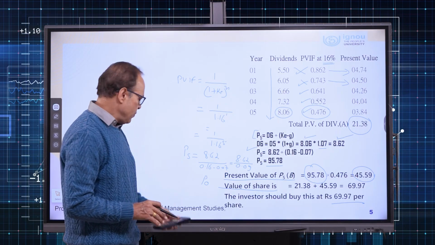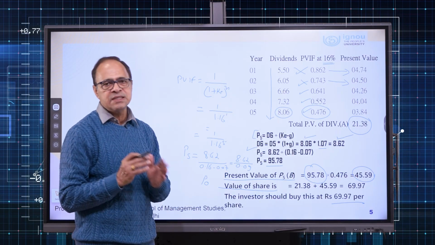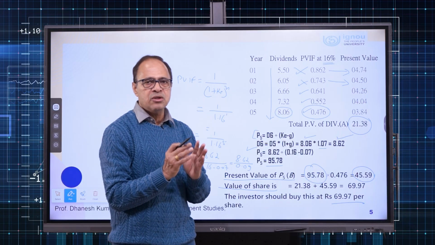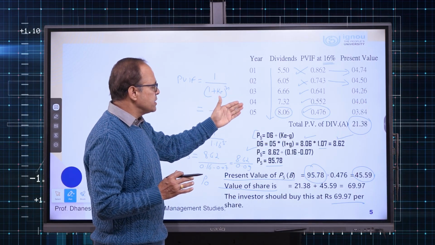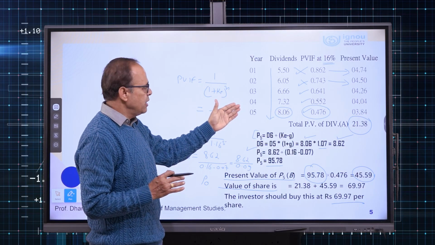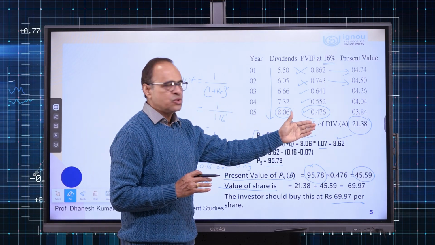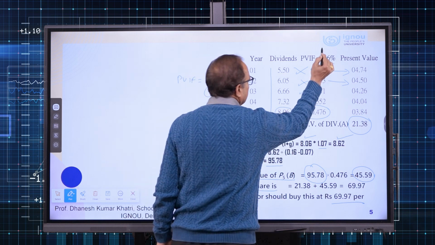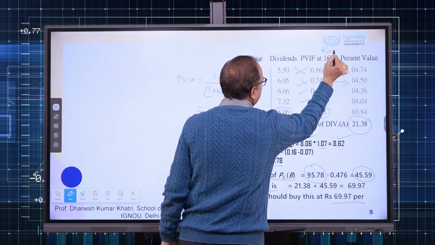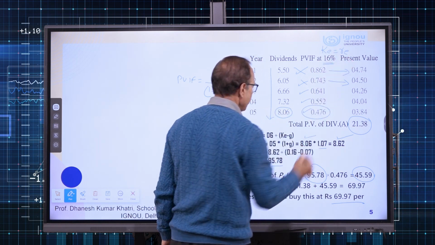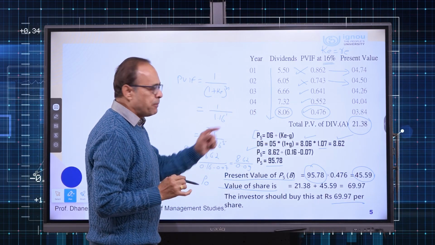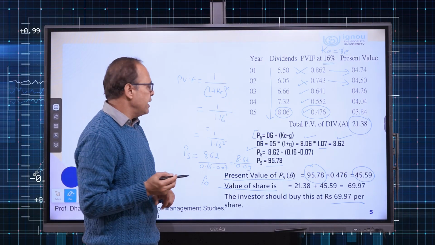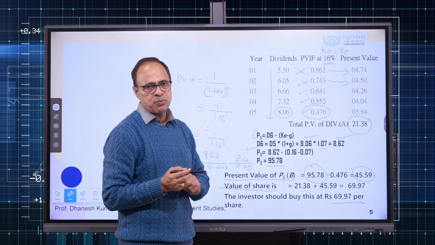So that is the way, when supernormal growth in dividends is given, we find out the value of equity shares. Step 1 is to calculate dividends during the supernormal growth period and calculate the present value of those. Remember, the present value is to be calculated using Ke or Re. That PV is A. For part B, calculate the price which is expected to prevail at the end of the supernormal growth period.